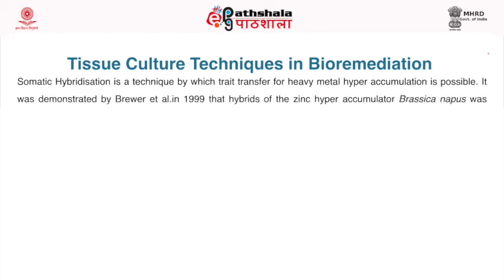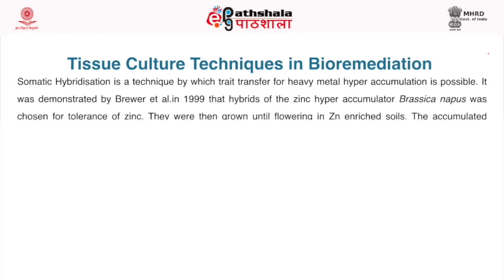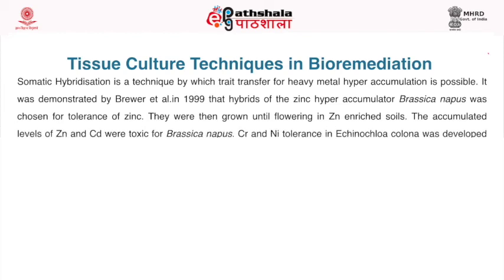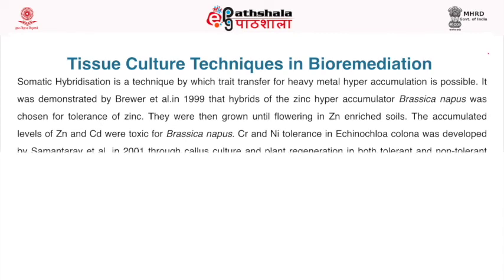It was demonstrated by Brewer et al. in 1999 that hybrids of the zinc hyperaccumulator were chosen for tolerance of zinc. They were then grown until flowering in zinc enriched soils. The accumulated levels of zinc and cadmium were toxic for Brassica napus.